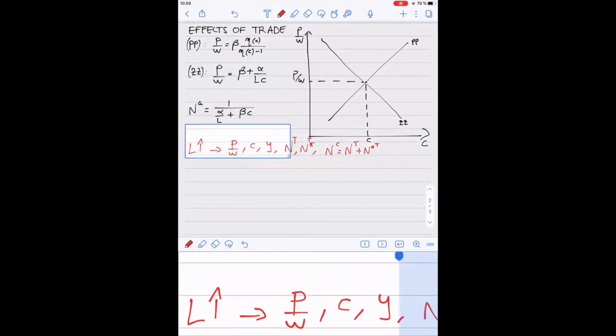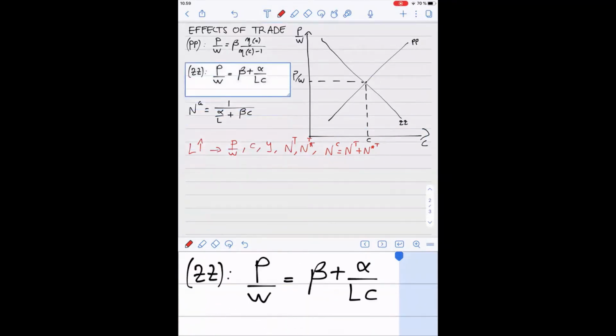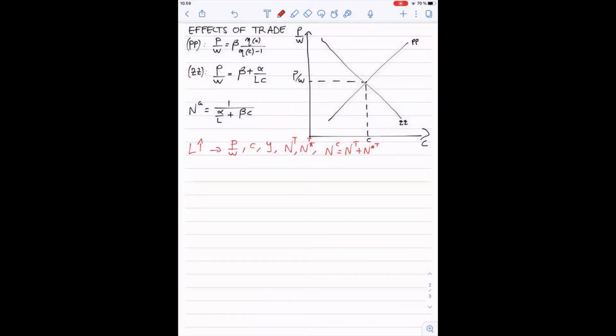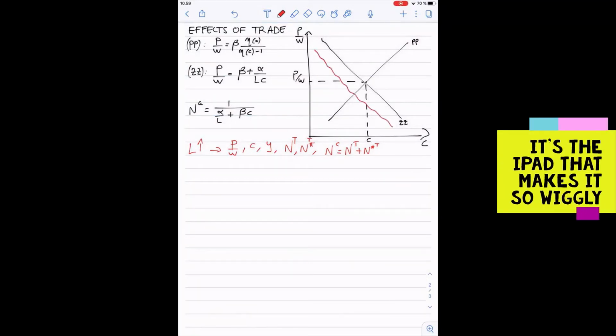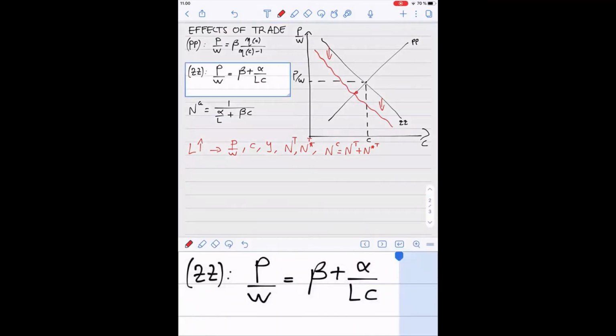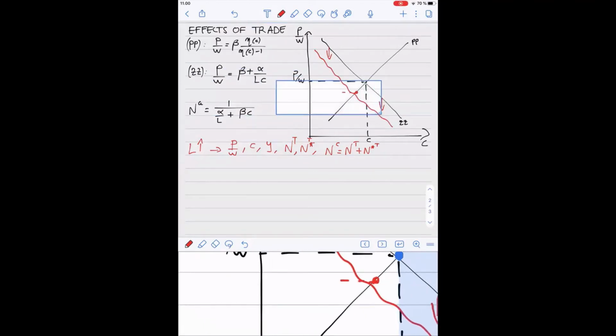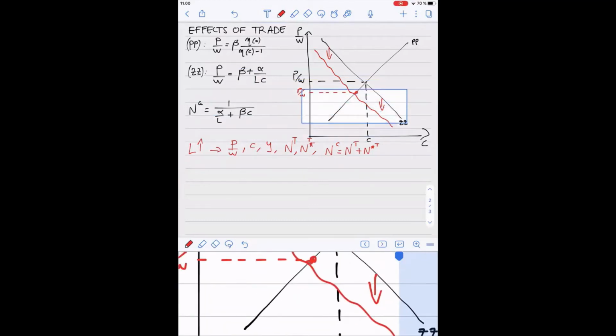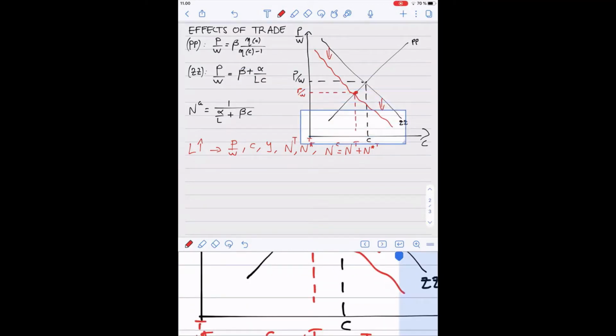So an increase in L is going to affect the ZZ condition. In particular, it is going to shift it downward. So we're going to have a new equilibrium where the price is lower and also the individual consumption of each variety is lower.